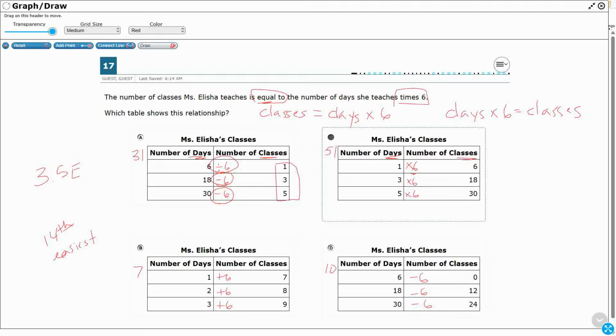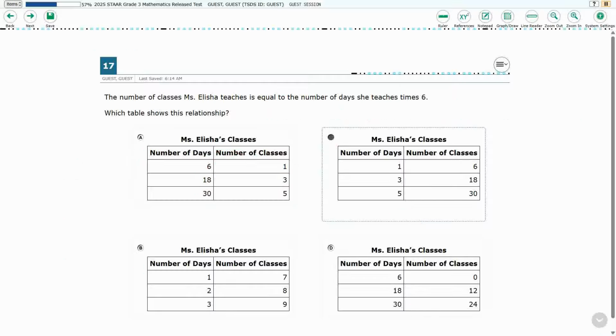They might have taken these numbers and thought they should be over here, because if you read it from left to right, this is times 6. If you read it from right to left, I mean. And so they might have inverted the way to read it. There's a few different ways. We need to make sure our students understand that if we've got two columns that are side by side, we're reading from left to right to find out what our rule is.